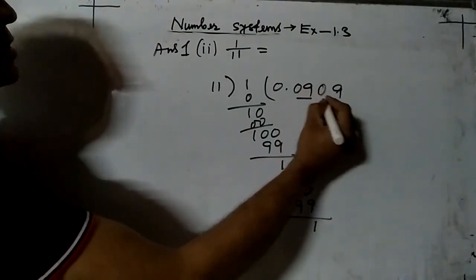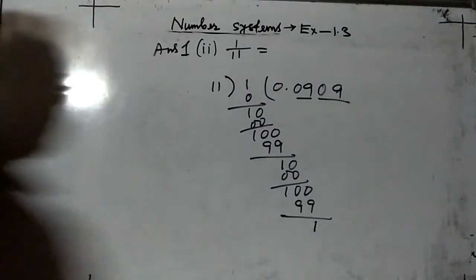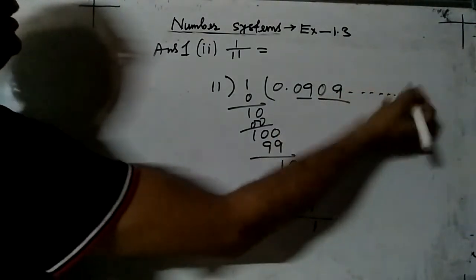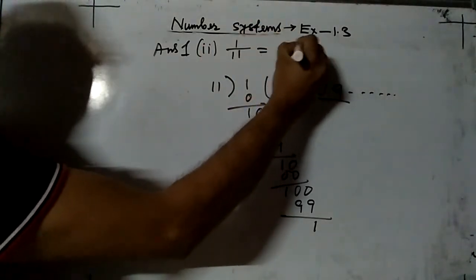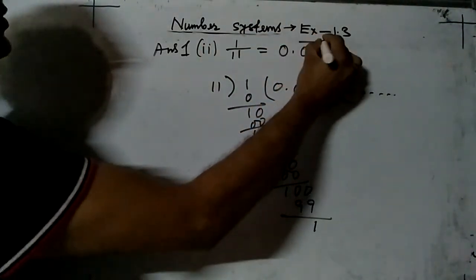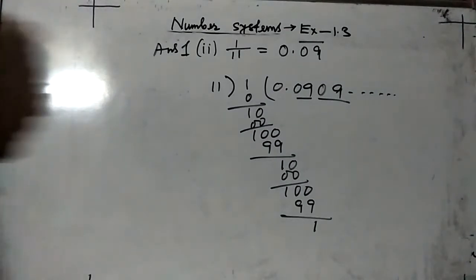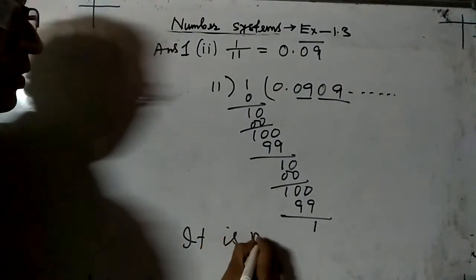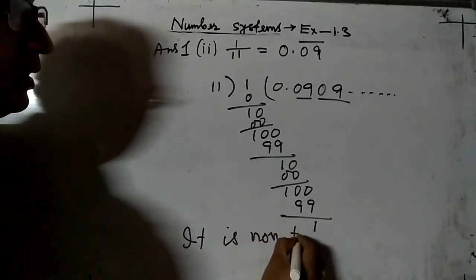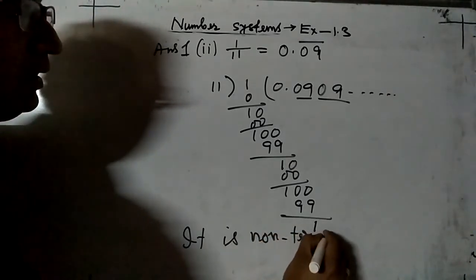So just observe this portion: 0909 is coming again and again, and it will not terminate. So here we can write 0.09 bar, the 09 portion is repeated, so put a bar, and it is non-terminating.